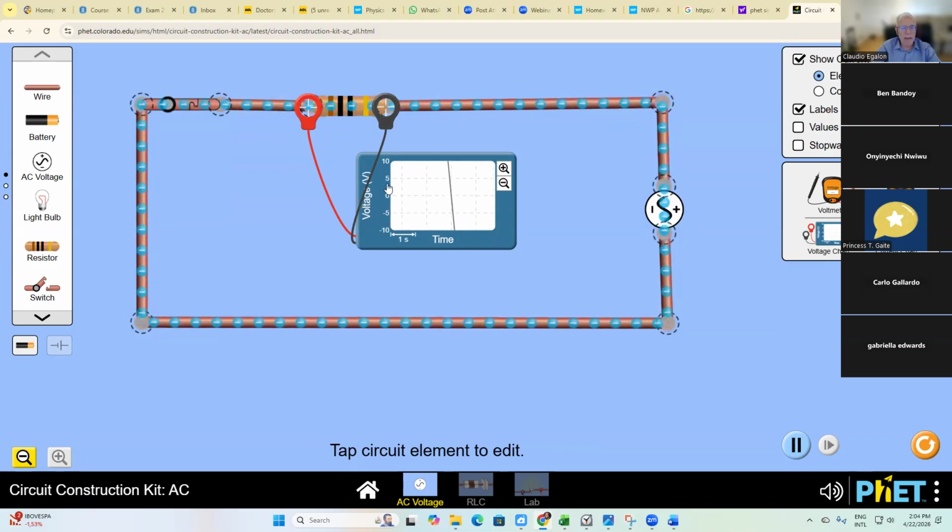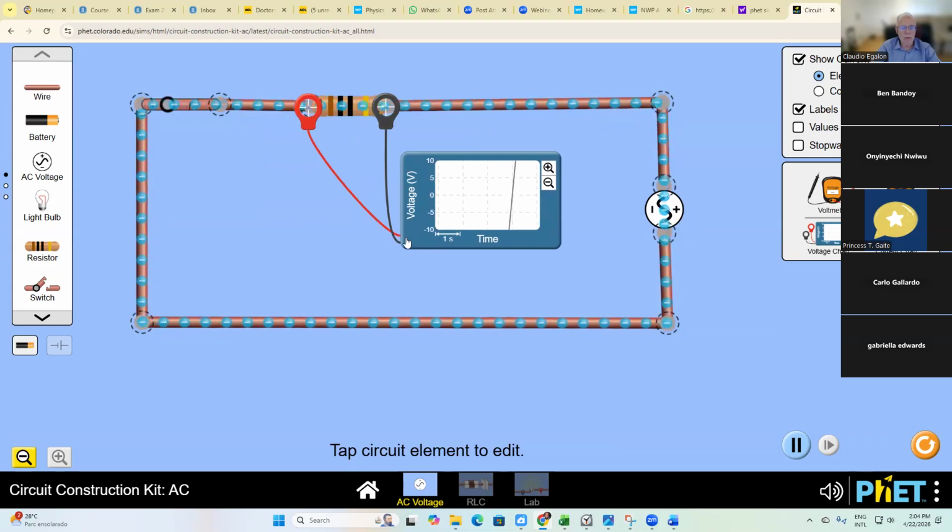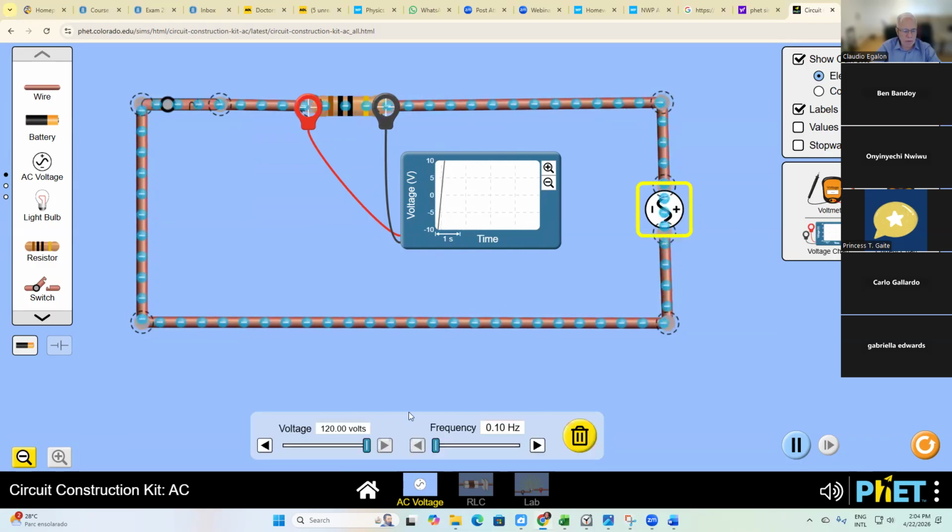And this is an oscilloscope. My oscilloscope cannot handle high amplitudes. So we have to decrease the amplitude of the circuit. It's 120 volts. See here, it can go only up to 10 volts. So let's bring it down so we will be able to see the sinusoidal.